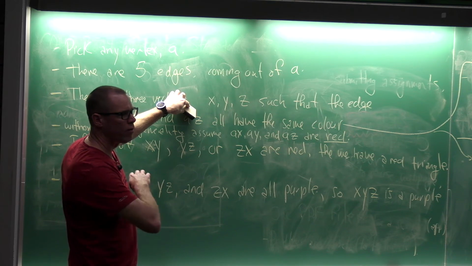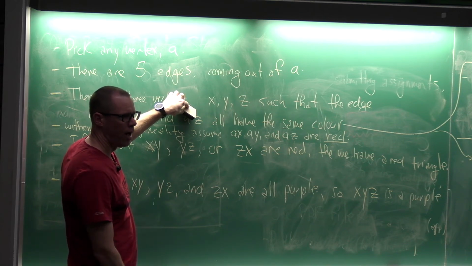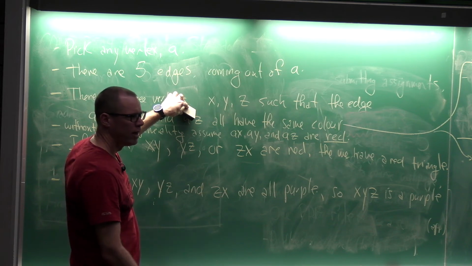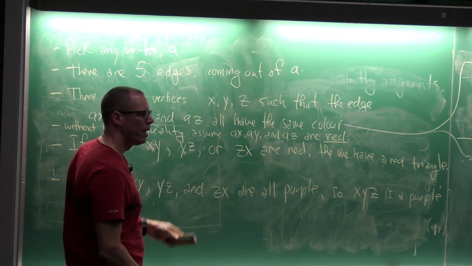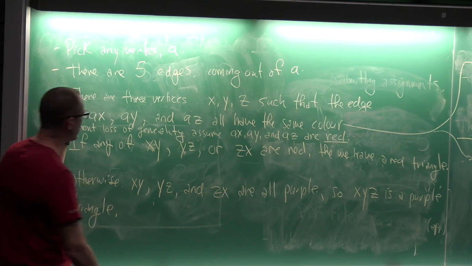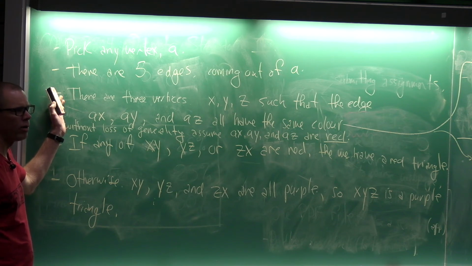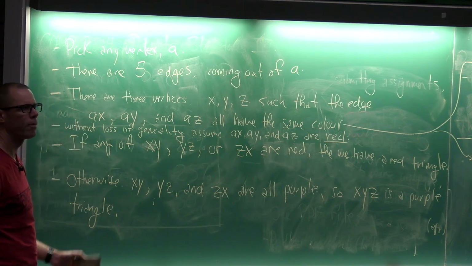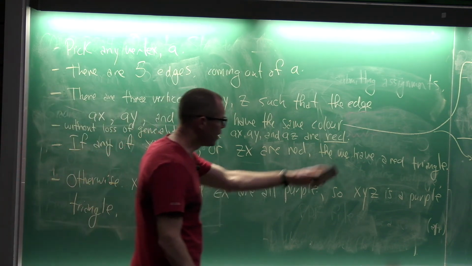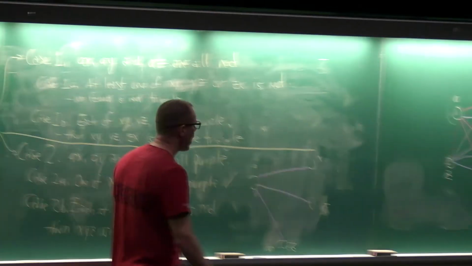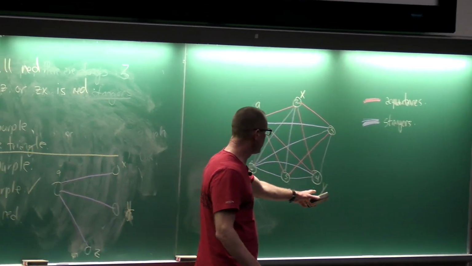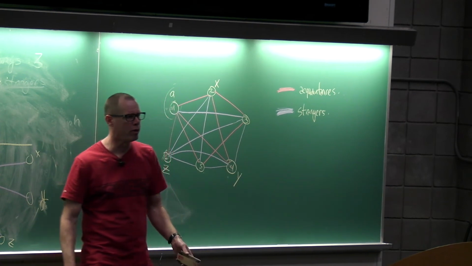So that's true even if there's 2 more vertices, W and V, where that's true. But 5 red edges coming out of A does not contradict this statement. Indeed, it tells you that you could say something even more if you wanted, but we don't need to say anything more. And in fact, in this example, there were 4 of them, and we just took these 3 because they were my favorite 3.